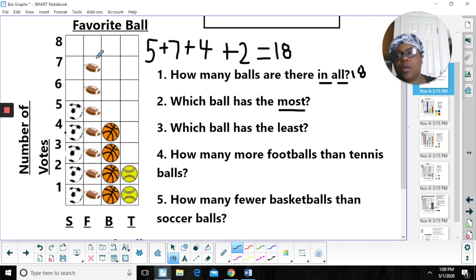Did you say the football? You were right, because we only have 2 tennis balls, right? We only have 4 basketballs, and we only have 5 soccer balls. And the footballs go way up here and over to the 7, right? If you just look at the graph, you can just see that we have more footballs than we have any other ball.